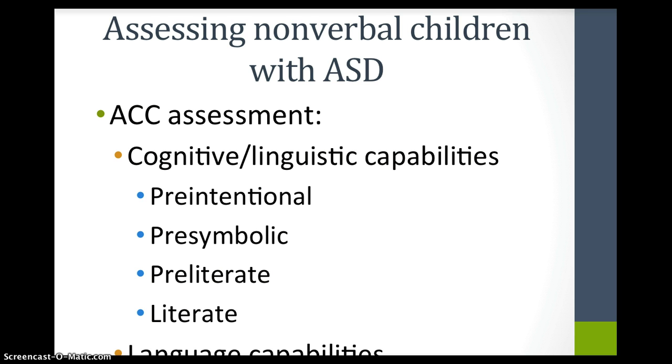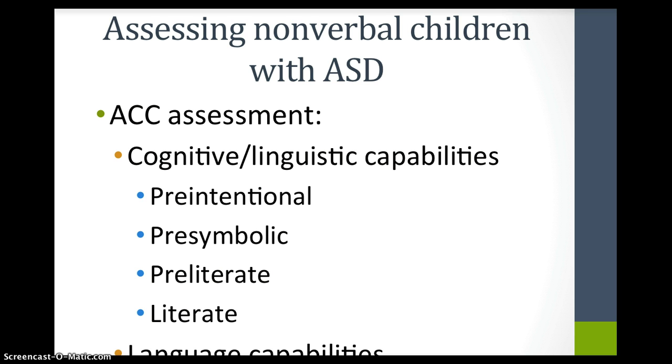Is the person functioning at a pre-intentional stage, meaning, despite their being nonverbal, there's also no intention behind any of their communicative behaviors that we can identify. Are they pre-symbolic? Are they going to be able to take a device with words or pictures and use it effectively?